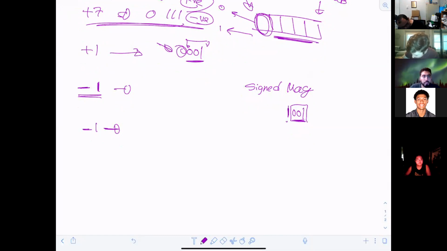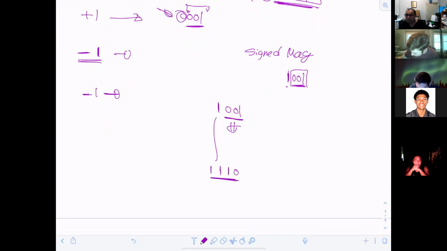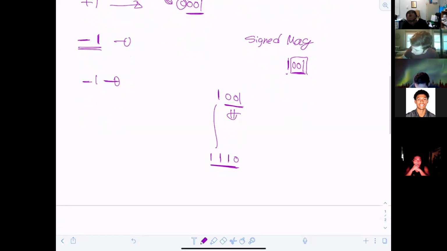That was the sign magnitude, right? So you take the sign magnitude and flip every single location, except the sign bit. What does it mean? The sign bit is 1, keep it 1. Then the value itself, 0, 0, 1: every 0 becomes 1, and every 1 becomes 0. So the 1's complement of -1 is this value.